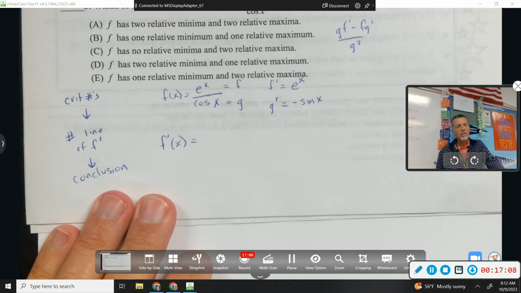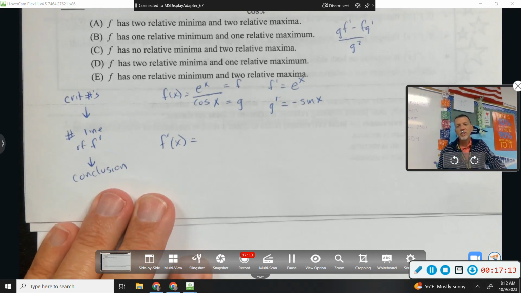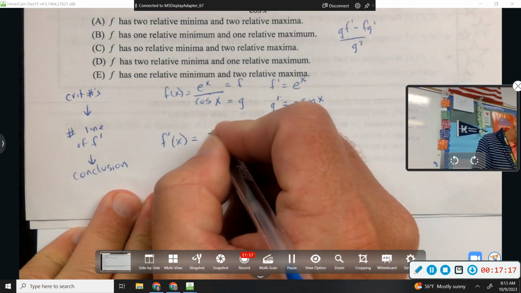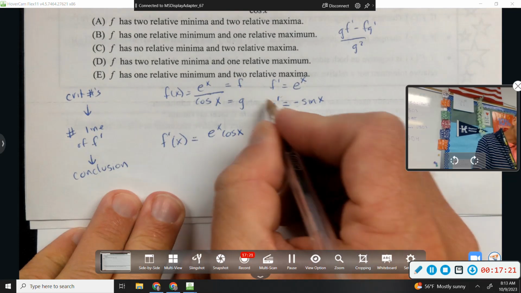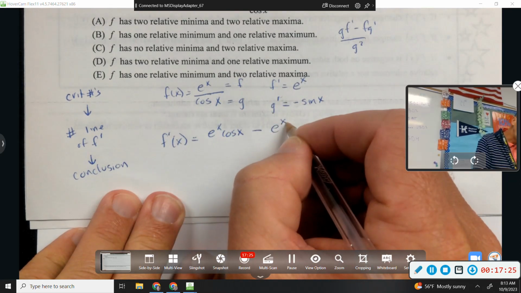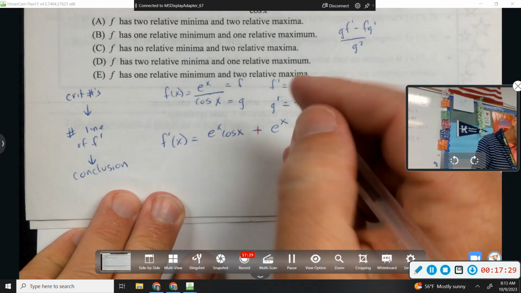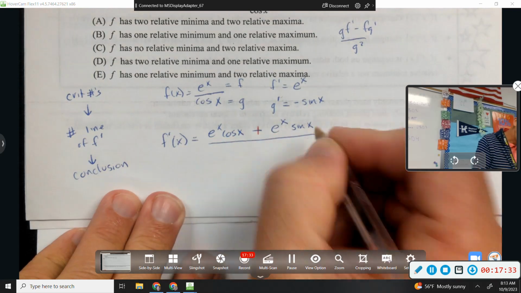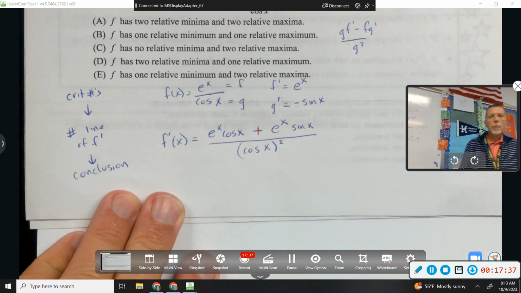It's going to mess things up, again, in relationships and in quotient rules. gf's got to come first. gf prime, so that would be e to the x cosine x, minus fg prime, so e to the x times negative, so I'm going to just make this a plus, e to the x sine x, all over g squared.